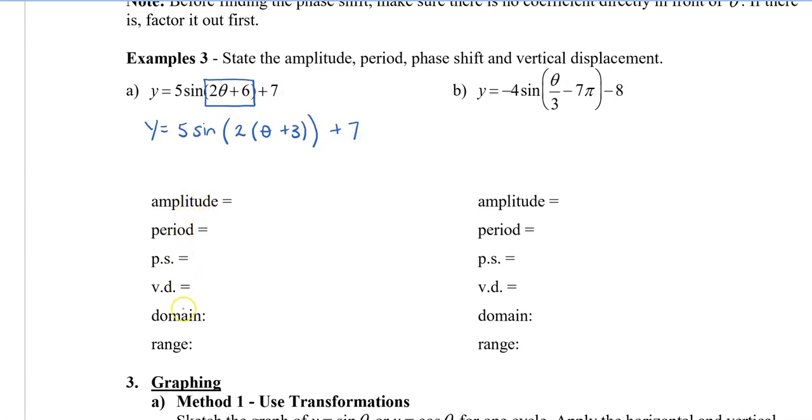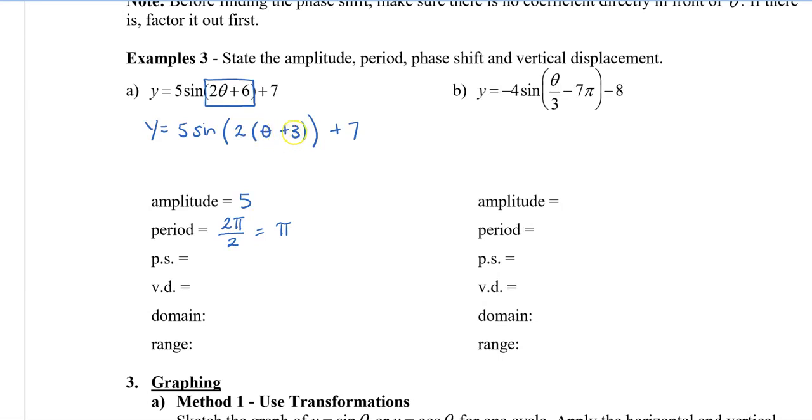So if I wanted to identify all of these values, or our transformations, we have amplitude, which is 5. Our period, remember our period is always going to be 2 pi divided by whatever our B value is. So in this case, 2. So 2 pi divided by 2 is pi.